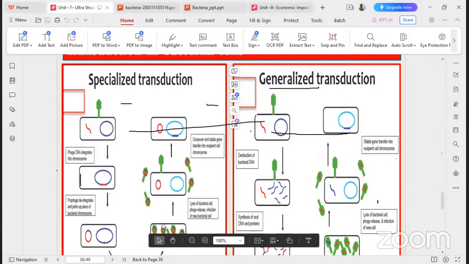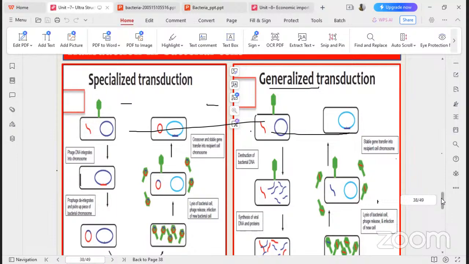So after a few minutes, bacterial genetic material will be totally degraded, and only viral genetic material will remain. And after some time, the bacterial cell wall splits and a number of viruses come out.